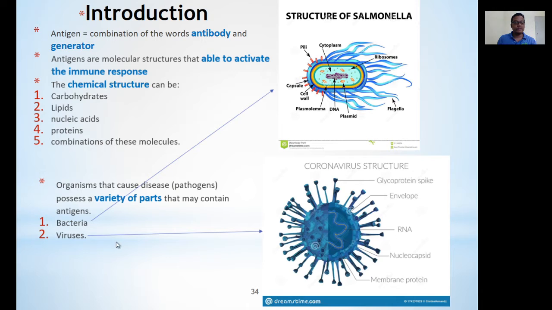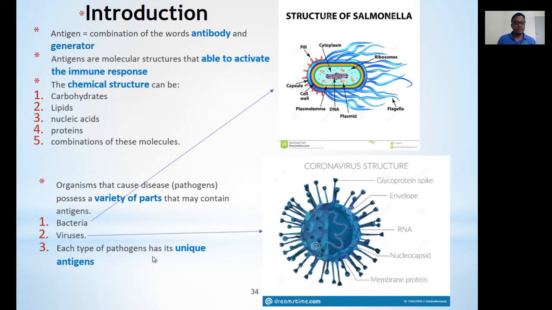And for viruses, for example, in the coronavirus structure, we have the S protein, the spike envelope, the RNA, the N protein, nucleocapsid, the membrane protein, all can be recognized by our immune cells.